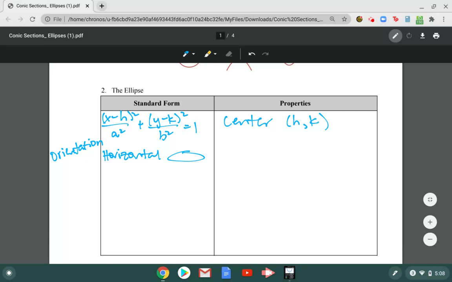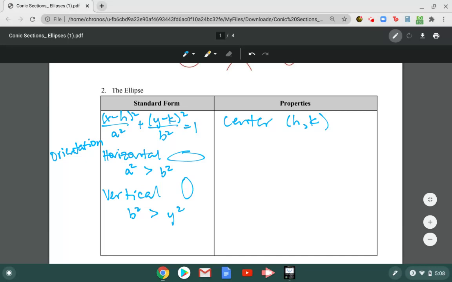This would be the case if the denominator on the x term, a squared, was bigger than the denominator on the y term, b squared, or we could have vertical orientation. And this would be if b squared was greater than a squared. So it's determined by the bigger denominator. Vertical orientation looks like this. We're not going to look at any that are on a slant orientation.